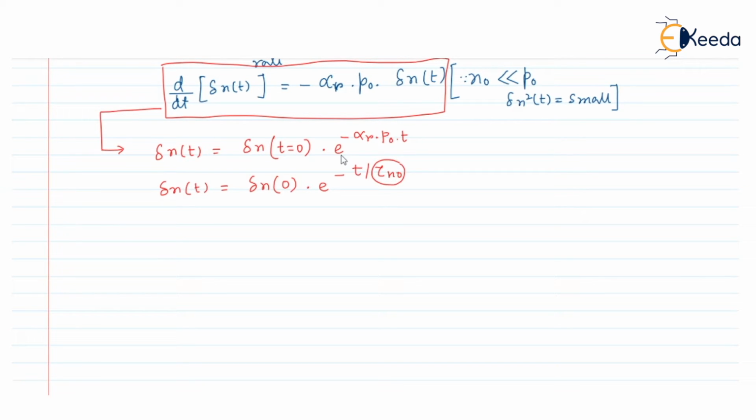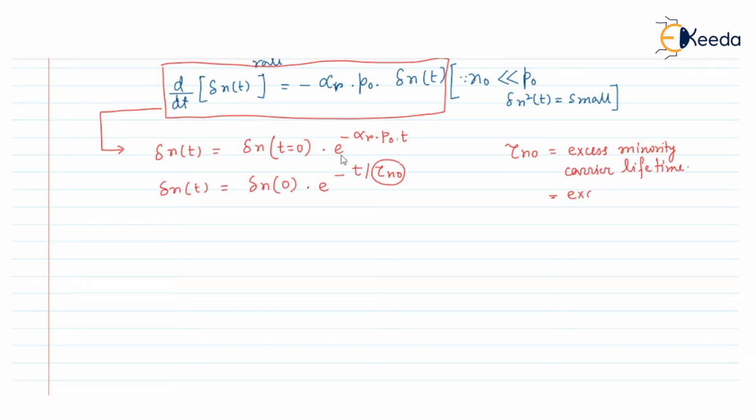So this τn0 is nothing but the excess minority carrier lifetime, and we have considered a p-type material. So here the minority carriers are the electrons.